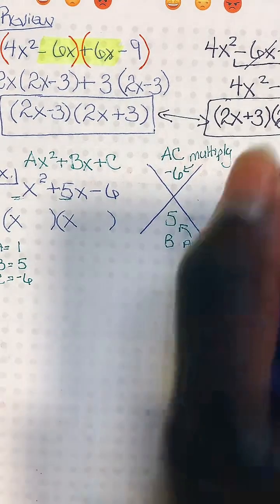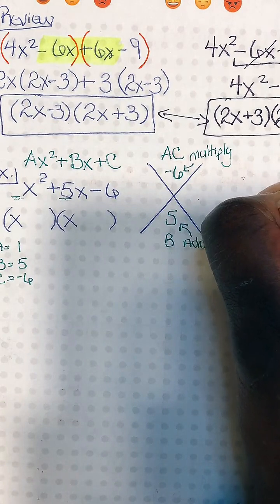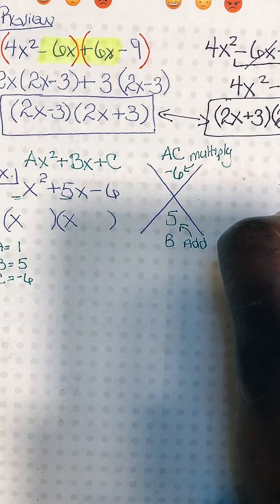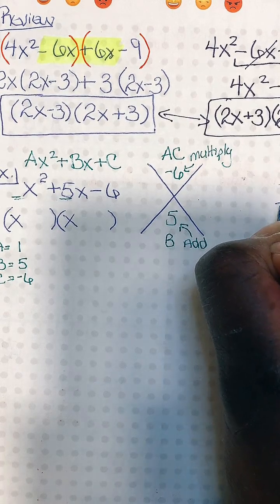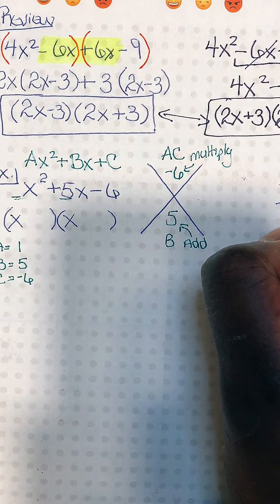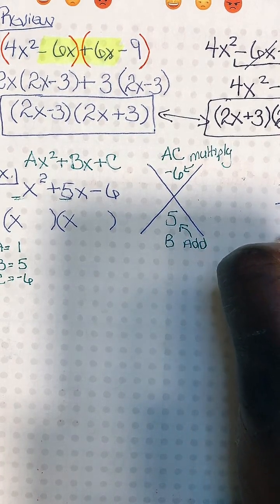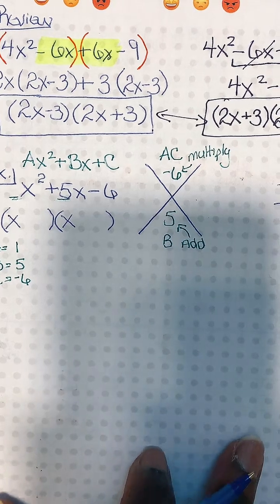So we have 2 and 3. Okay, I saw -1 and 6. And I think, if I'm not mistaken, it was a -2 and 3. All right.